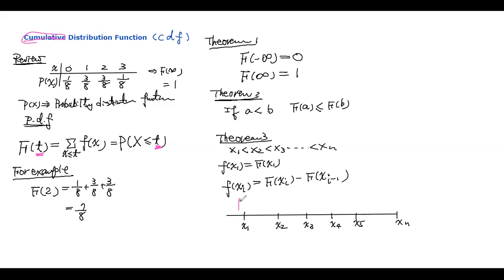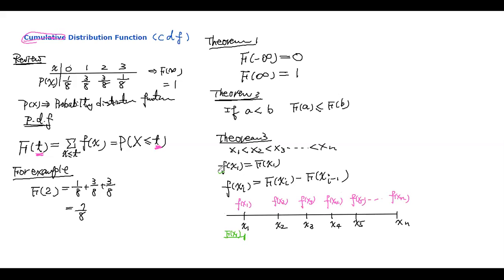The top is lowercase f of x1, f of x2, f of x3, f of x4. The top is just each individual probability. Now the bottom is cumulative, right? The first thing is the cumulative to x1. This is my F of x1. There is nothing before x1, so the cumulative to x1 is just x1.